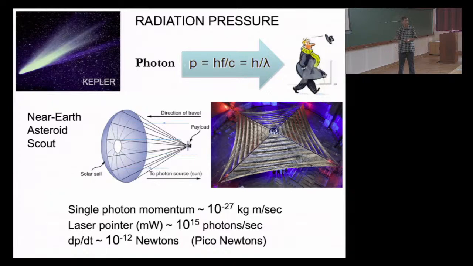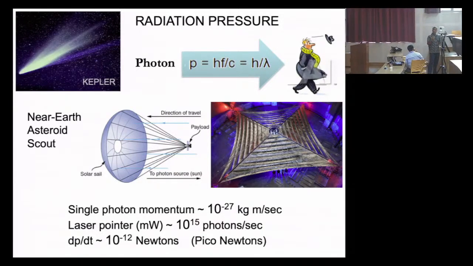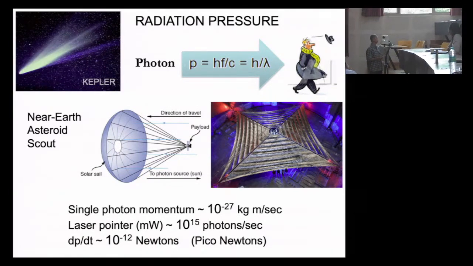So if I take a more powerful laser, I can increase this because then I can increase the number of photons per second. I basically have more photons coming in and hitting per unit time. And you can see that from this you get a force of piconewtons here. I assume the stopping time, let's say, is of the order of picoseconds.